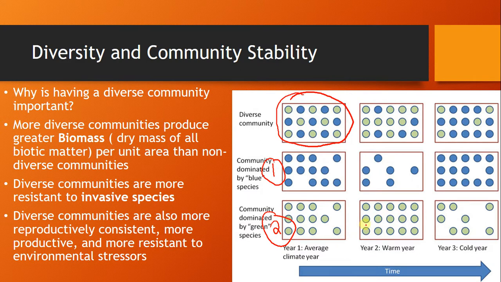And see, over time, what you'll notice is that a diverse community stays denser, it stays healthier, because it has a fair mix of both. So during warmer years, you'll see the green species reproduce and dominate, become more abundant. Whereas during colder years, maybe the green species will die off more, but the blue species will fill out, become more abundant. So on average, it will stay healthy despite any of the stressors that are placed on it.